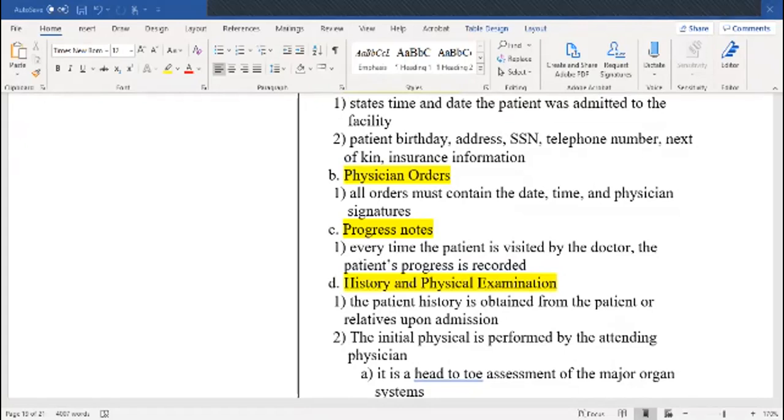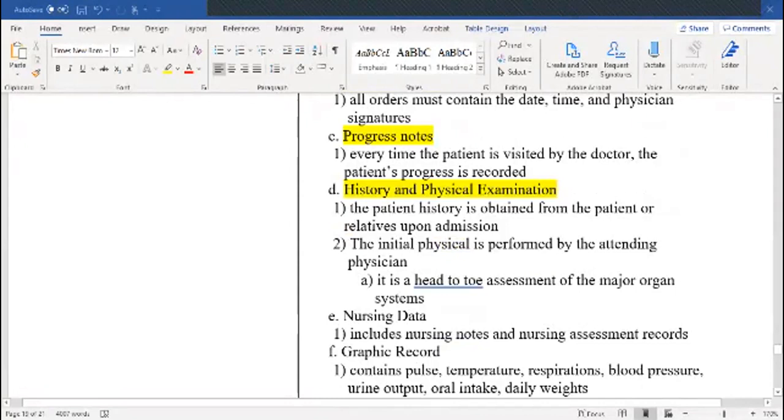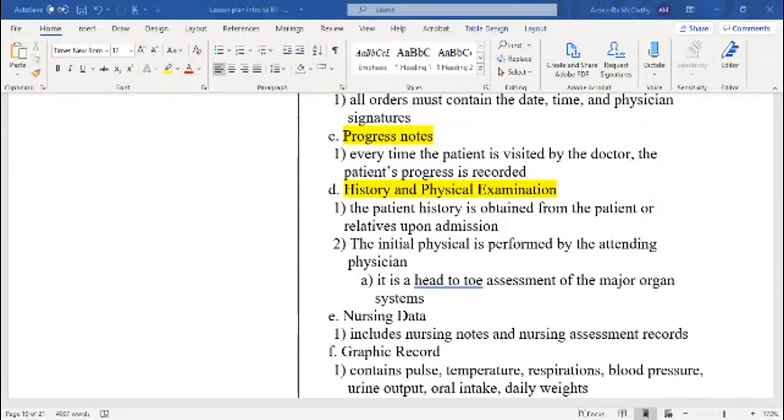And also the H&P has the initial physical performed by the attending doctor. That initial physical is a head-to-toe assessment of the major organ systems. So, for example, the H&P not only has all the history and physical of the patient, but at the end, it's going to start with the head. Whatever the doctor found about the patient's head, he or she is going to write it.